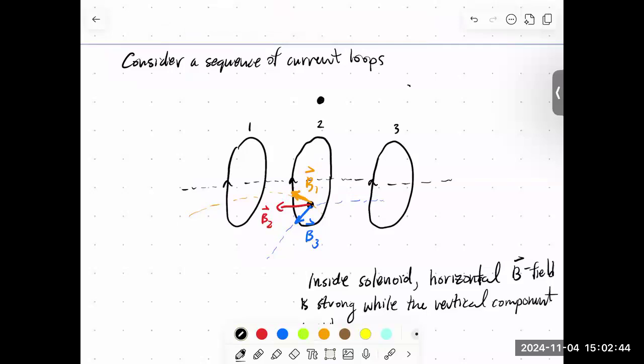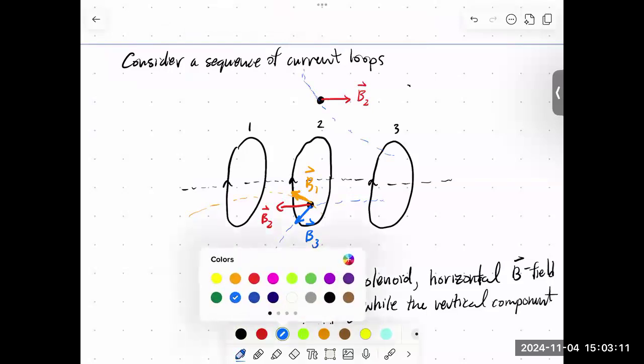Well, what is the red one, the loop 2, going to do? The field is coming around and then it's looping back that way. So what we end up with is something like a B2 is something like this.